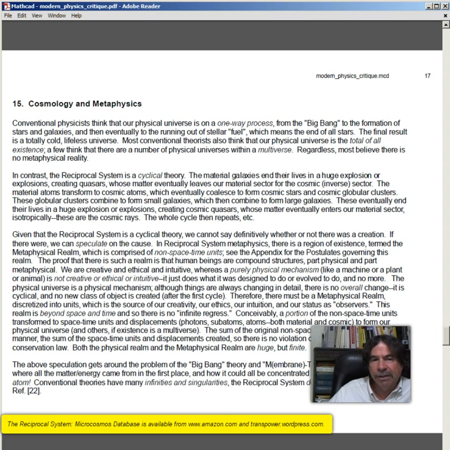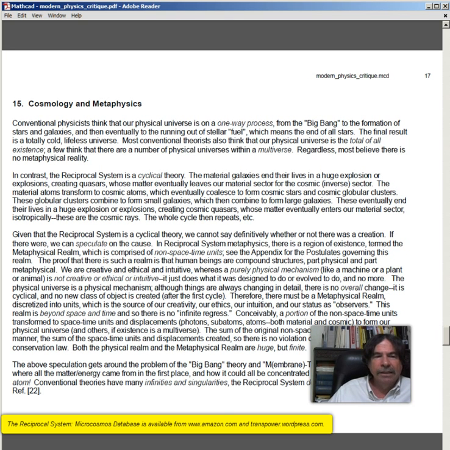The sum of the original non-space-time units equals, in some manner, the sum of the space-time units and displacements created. So there's no violation of a very generalized conservation law. Both the physical realm and the metaphysical realm are huge, but finite.